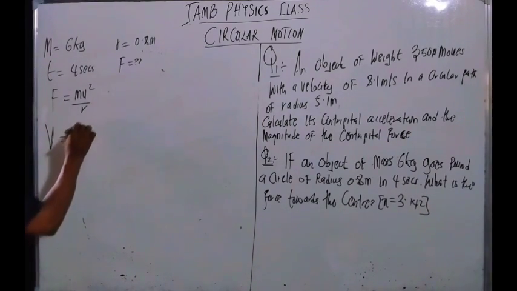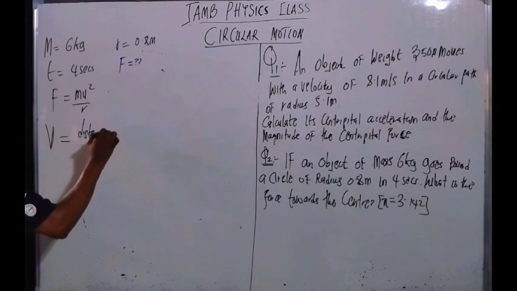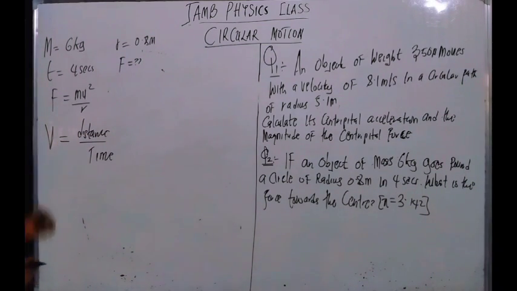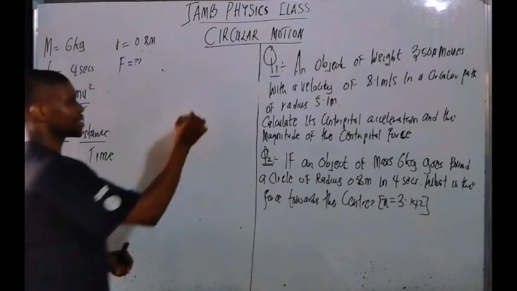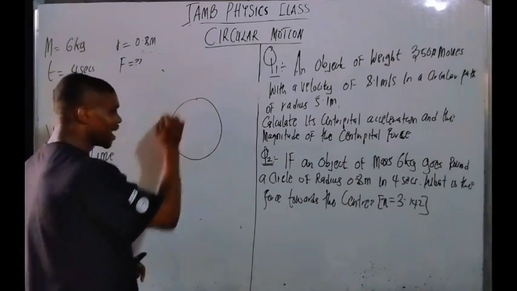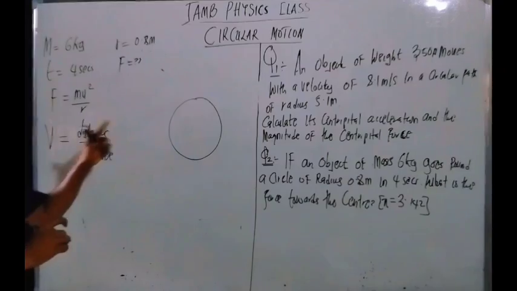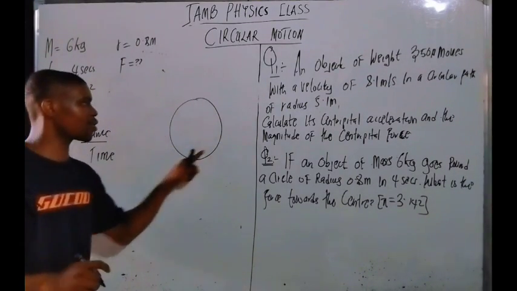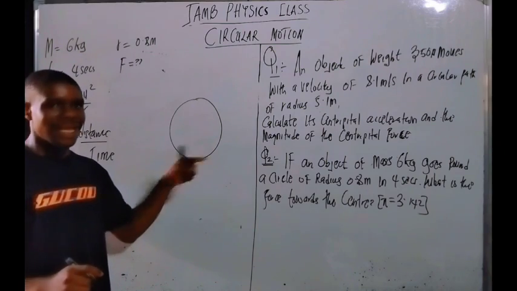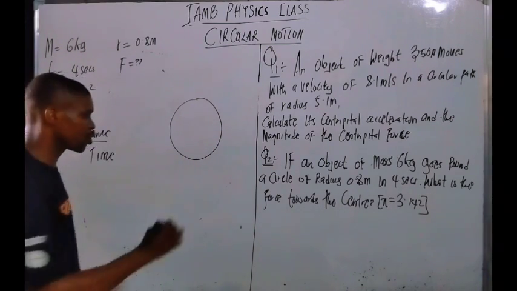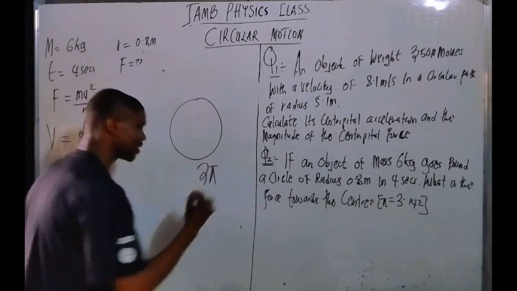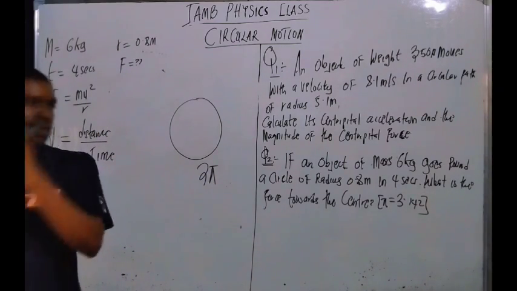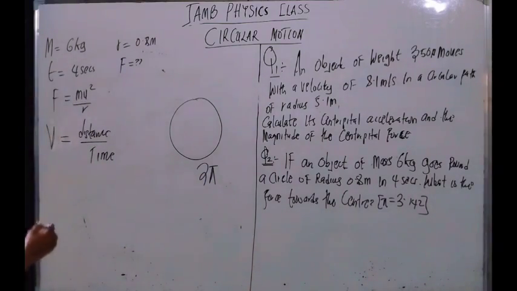Speed is equal to distance over time. But what is distance in a circular path? In a circular motion, the distance of the object is the distance traveled through the circumference. The circumference of a circle is 2 pi r. So this is what you want to put in your mind here.